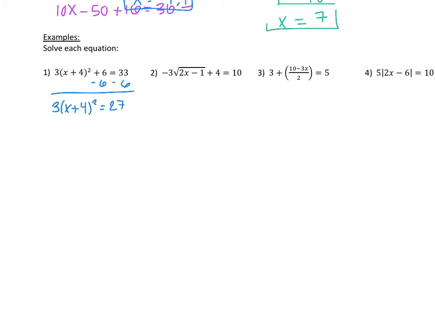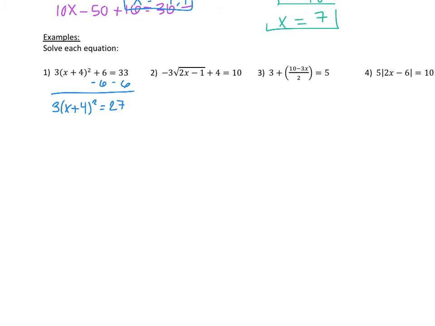Now at this point, you might look at this and want to distribute this 3, but we can't because it's being squared first. And when we think of order of operations, PEMDAS, parentheses, exponents first, then multiplication. So we can't multiply this 3 through.